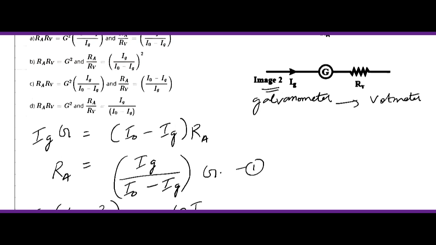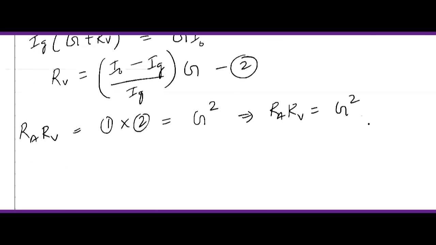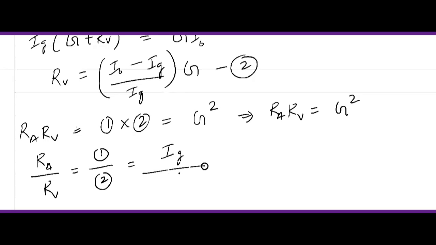What about the other term they are asking? It is Ra upon Rv. So Ra upon Rv is basically 1 upon 2. In that case, G is going to get cancelled and we get the relation between Ig and I0 minus Ig.